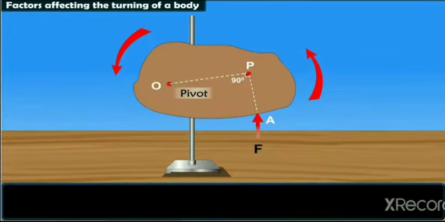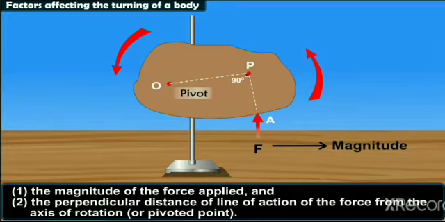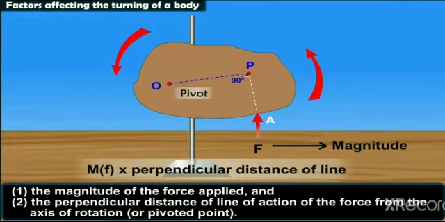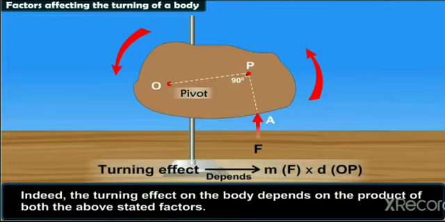Factors affecting the turning of a body. On a body, the turning effect of a force depends on the following two factors. 1. The magnitude of the force applied, and 2. The perpendicular distance of line of action of the force from the axis of rotation or pivoted point. Indeed, the turning effect of the body depends on the product of both the above stated factors.